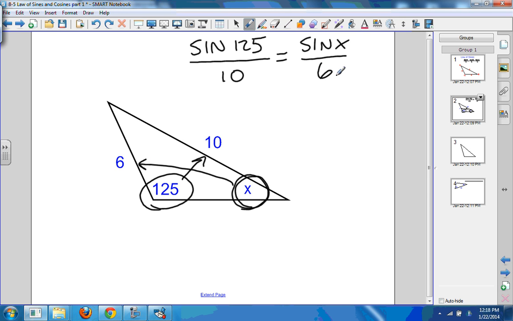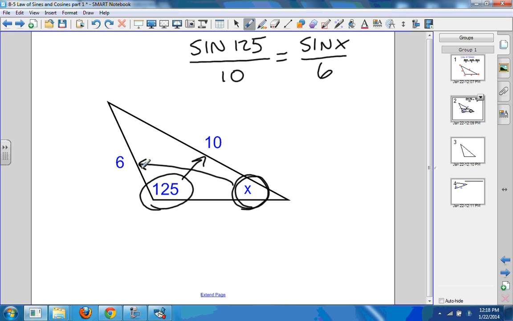So we have an equation. The sine of 125 degrees over 10 is equal to the sine of our unknown, x, over 6. So the sine of any angle divided by the side opposite to it is equal to any other angle in the triangle divided by the side opposite to it.